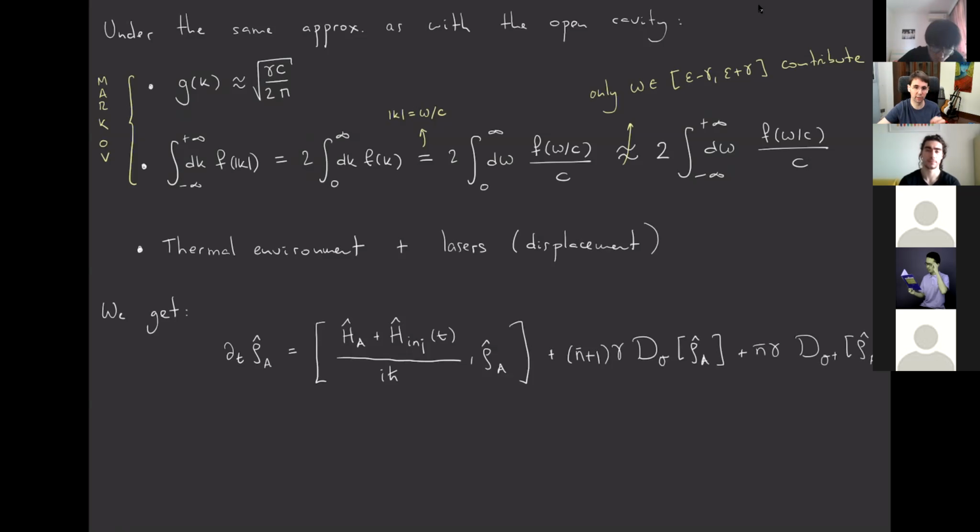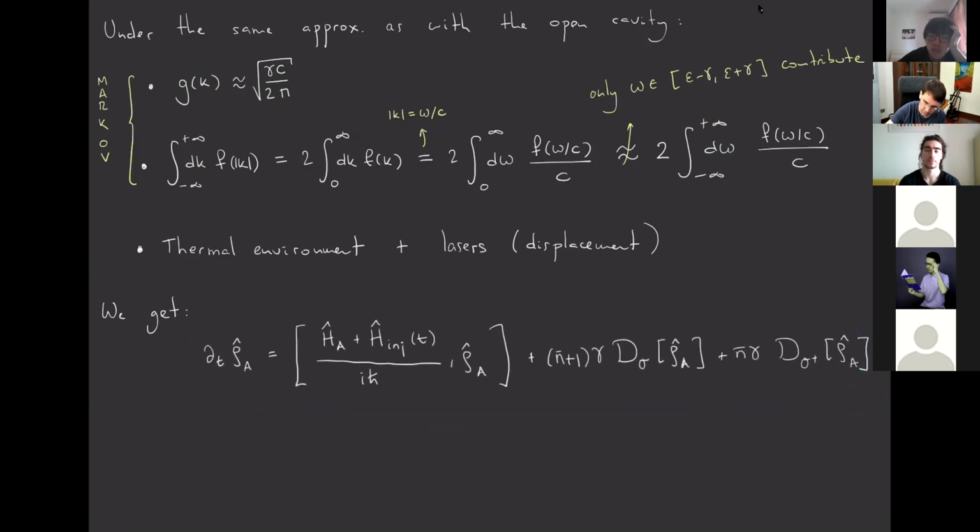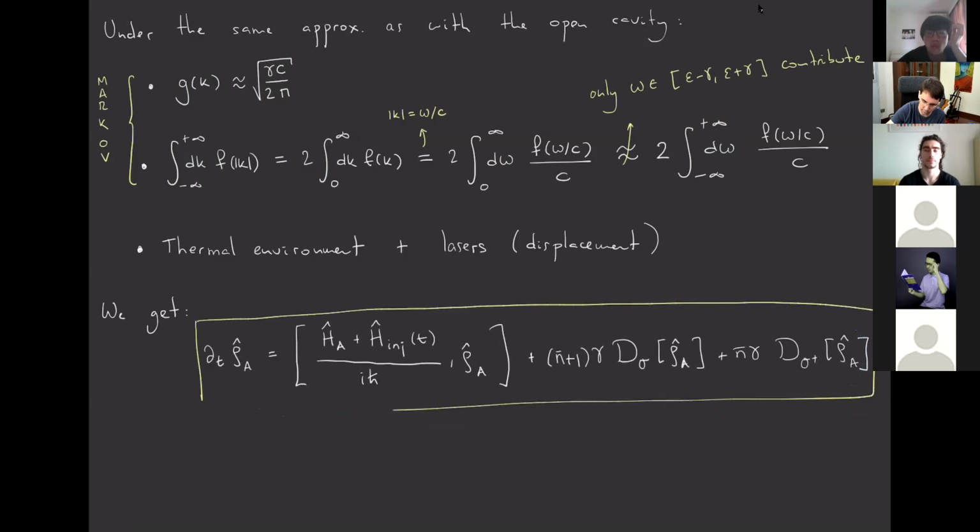So now we create transitions from the ground to the excited state, okay? So this is the master equation. This is the master equation of the open atom under these approximations that we made for the cavity.